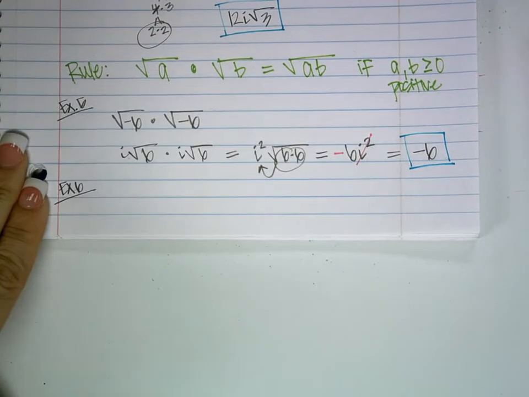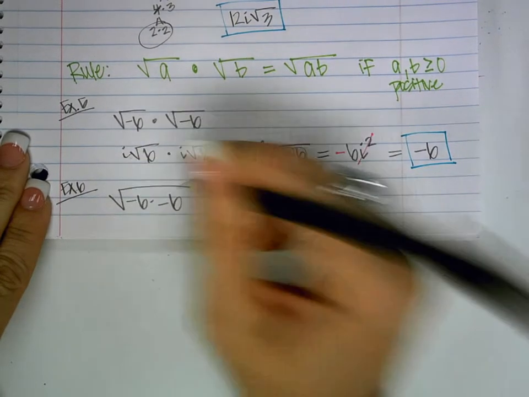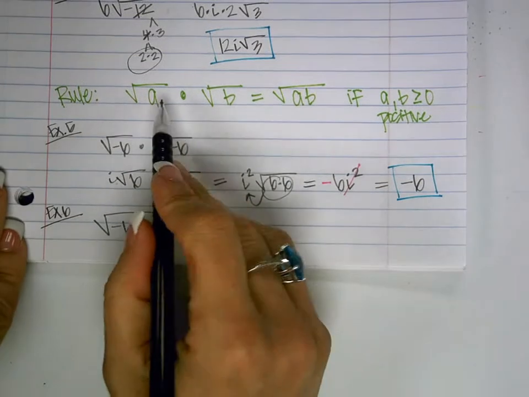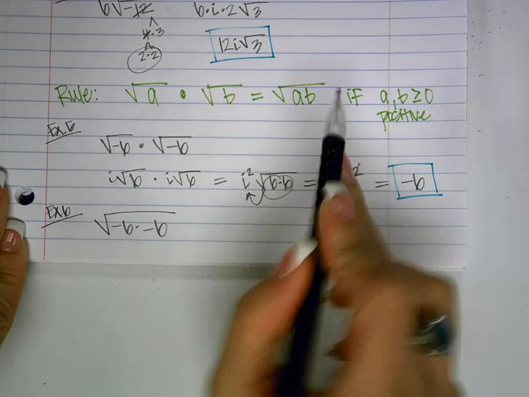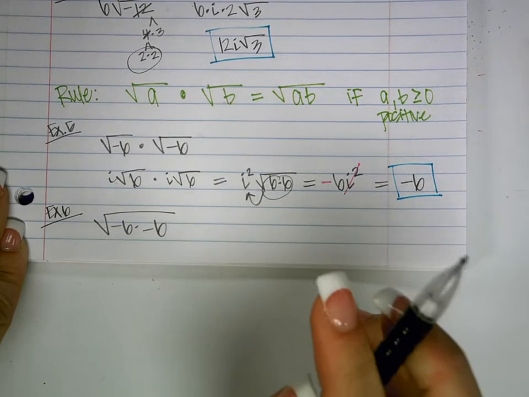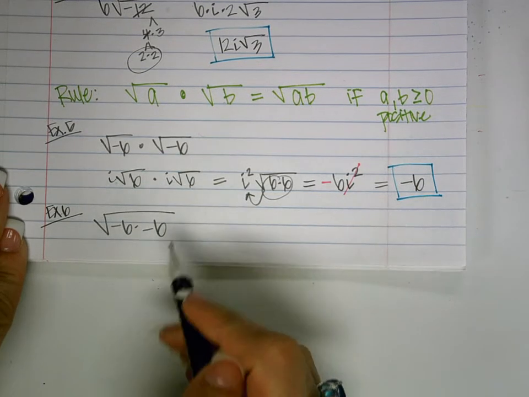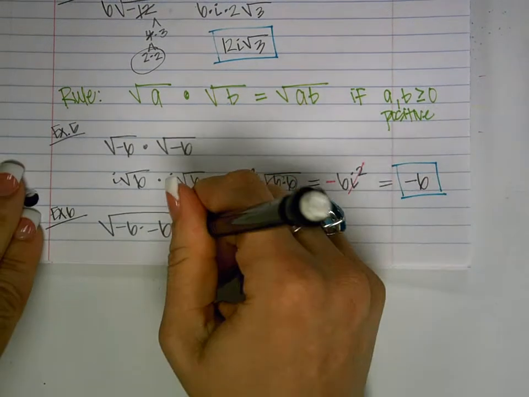For number 6, if I give you the square root of -6 times -6. In this rule, I told you if they are separate, then you can only put them underneath the same one if they're both positive. So you have to take the i's out first if they are separate. But if your problem is given to you underneath the same radical, then you do multiply here.